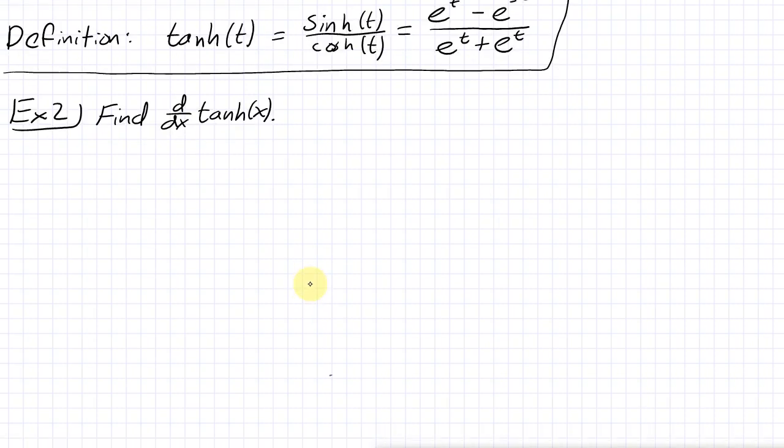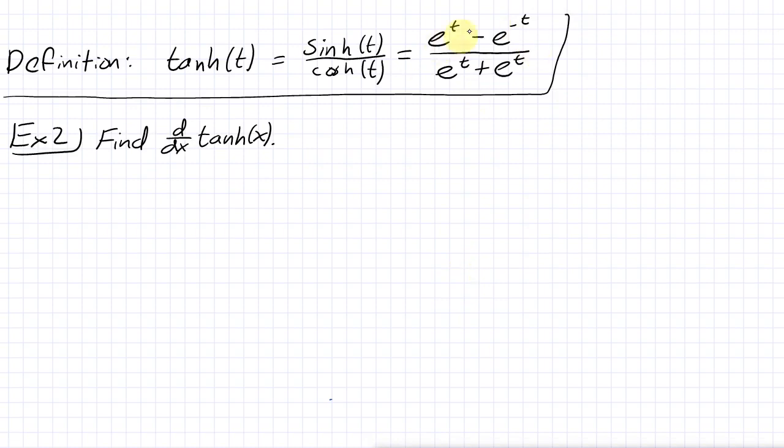You can try this on your own or do it with me as I go through it here. It's up to you. But let's look at it. So I'm going to use this formula instead of using the exponential function formula because I already know the derivative of sinh and cosh.